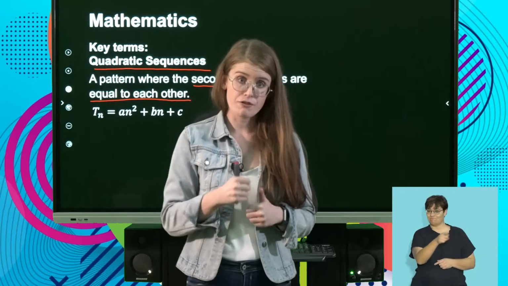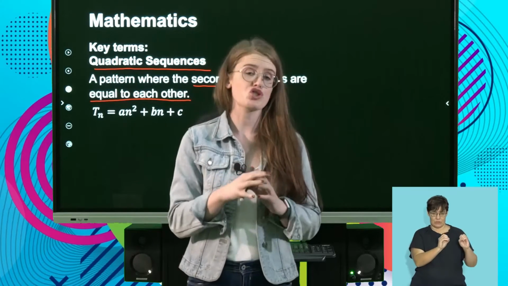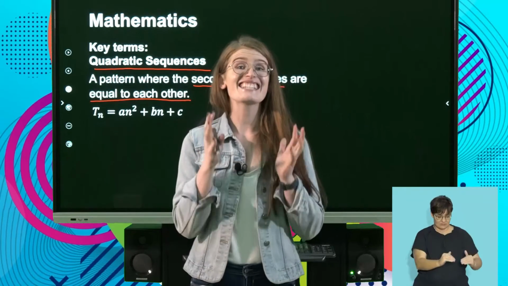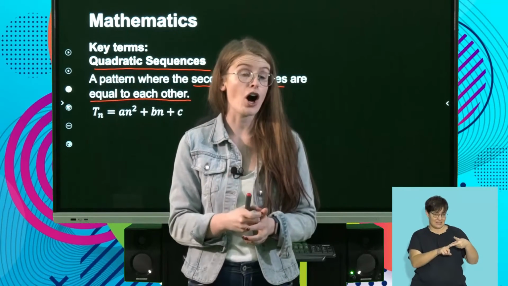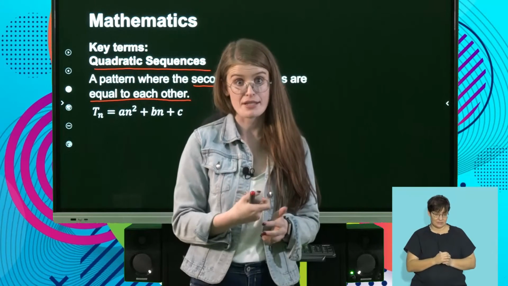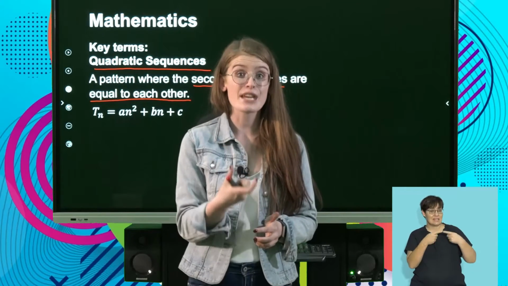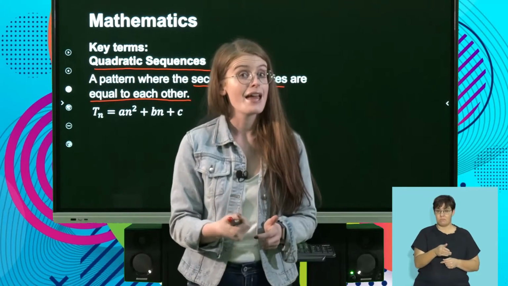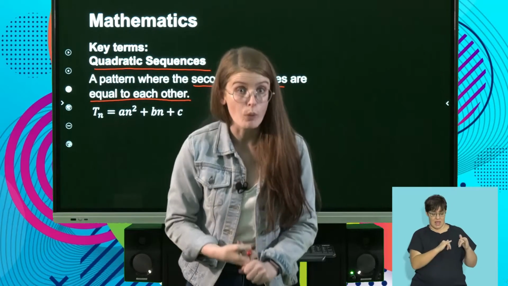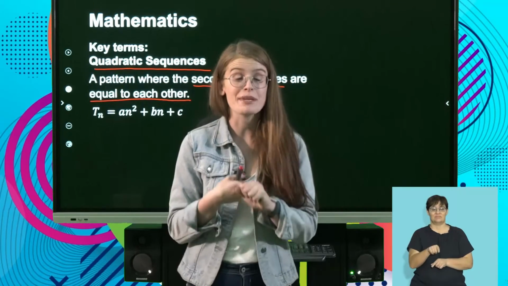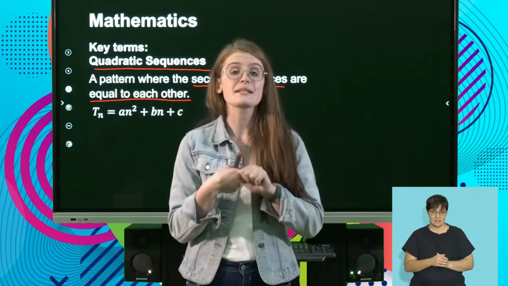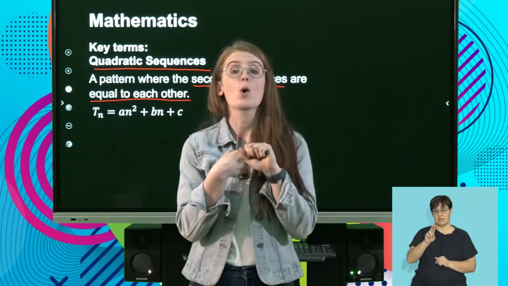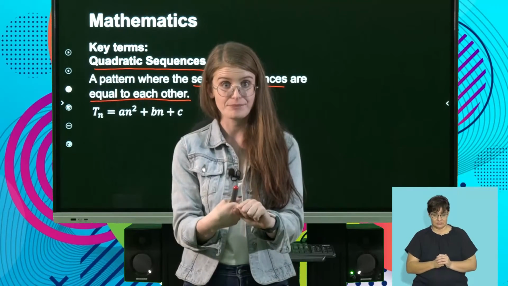If there aren't first differences, please don't stop at that point. Please test to see whether there are second differences present, and the second differences have to be equal, everybody. This means that it is in fact a quadratic pattern.